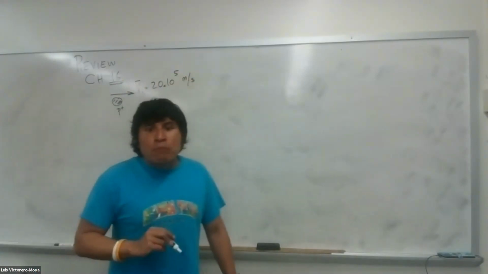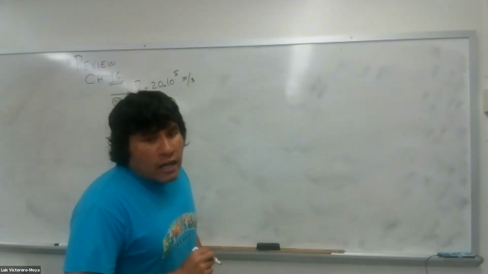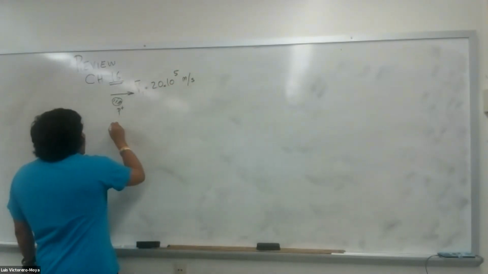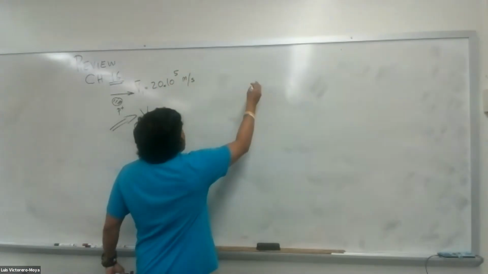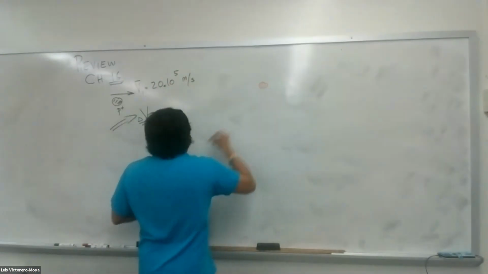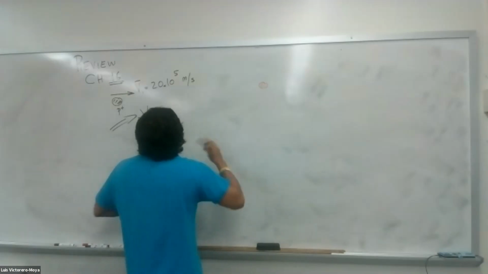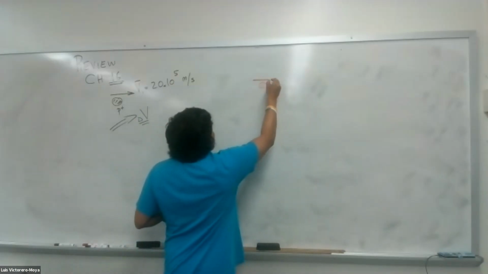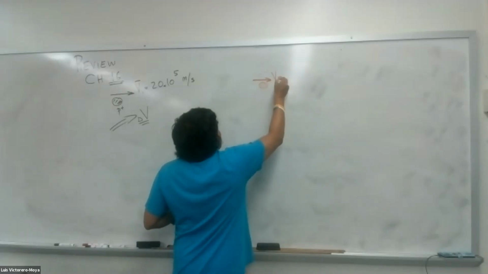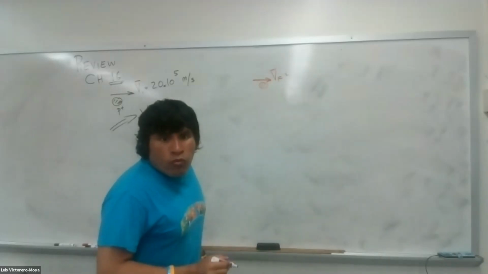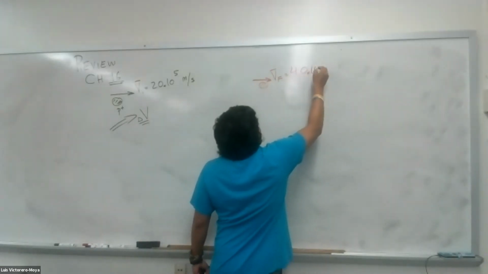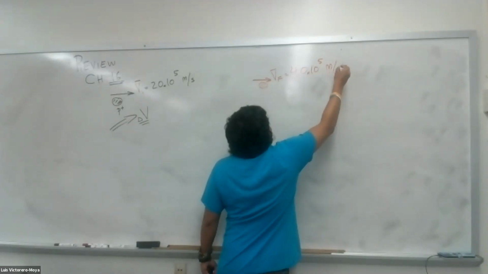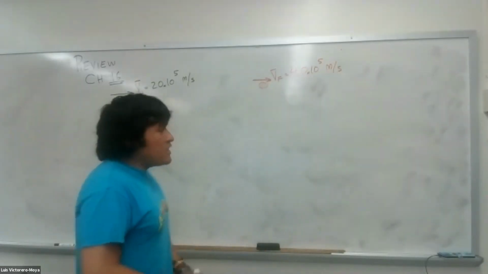It's accelerated by a potential difference, delta V, and makes the proton accelerate to a final speed of 4.0 times 10 to the 5, so it doubles. Find the potential, so find V.